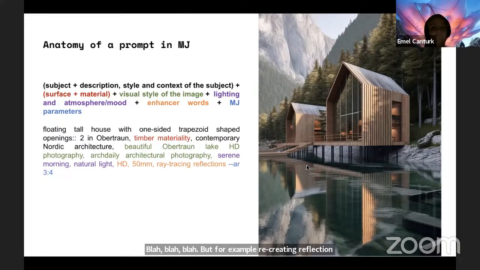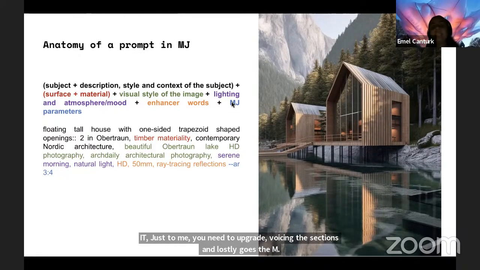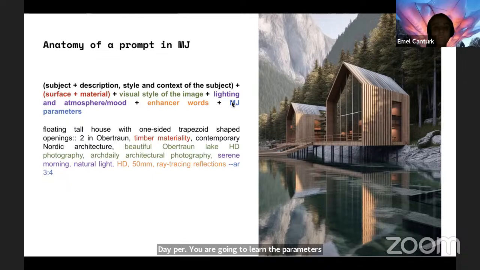Here you can see the reflections. For example, I give it here some enhancer words like 50 millimeters, ray tracing reflections. And lastly goes the MJ parameters. We are going to learn the parameters and settings tomorrow in the second session of the workshop. But this is, for example, for aspect ratio, --ar 3:4.